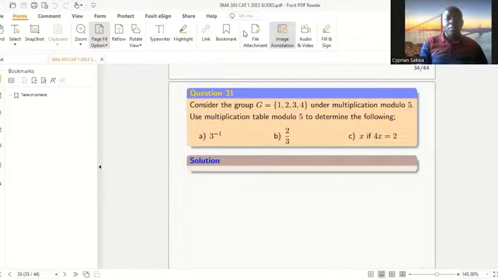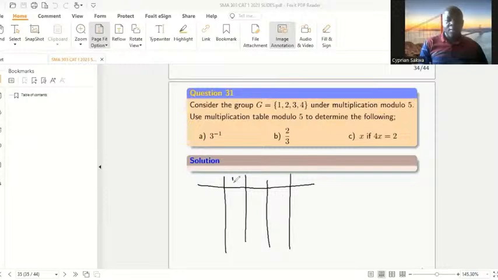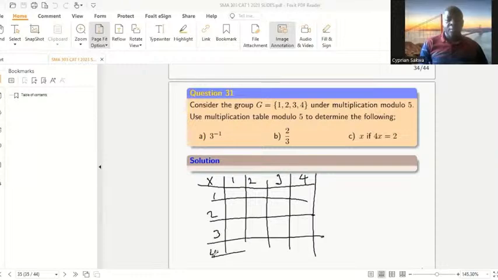Let's just create the multiplication table. We don't require 0. So we have 1, 2, 3, 4 and 1, 2, 3, 4.